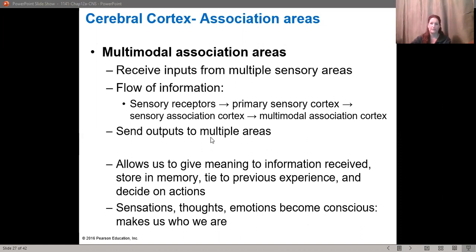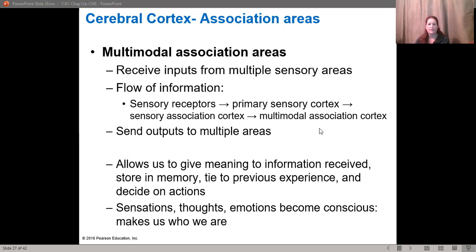And the flow of information still will be involved with a sensory, like the primary sensory cortex to sensory association cortex, and then it will get further evaluation by this multimodal association cortex. And then the multimodal association cortex can send output to multiple areas in the brain.